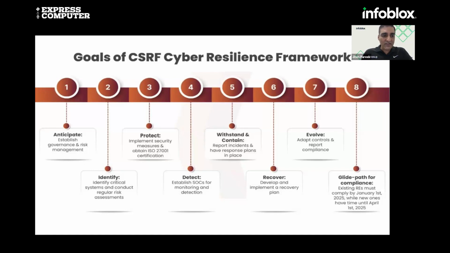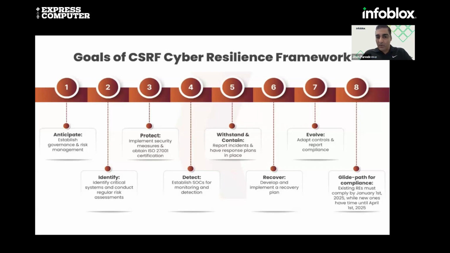The goals are to establish governance and risk management, to identify the critical systems and conduct regular assessments of the systems so that security can be more proactive, to implement the best security standards and measures to obtain world-class certifications like ISOs, and to establish proactive monitoring for quicker detection and remediation in the event of any cyber security risk or cyber threats.